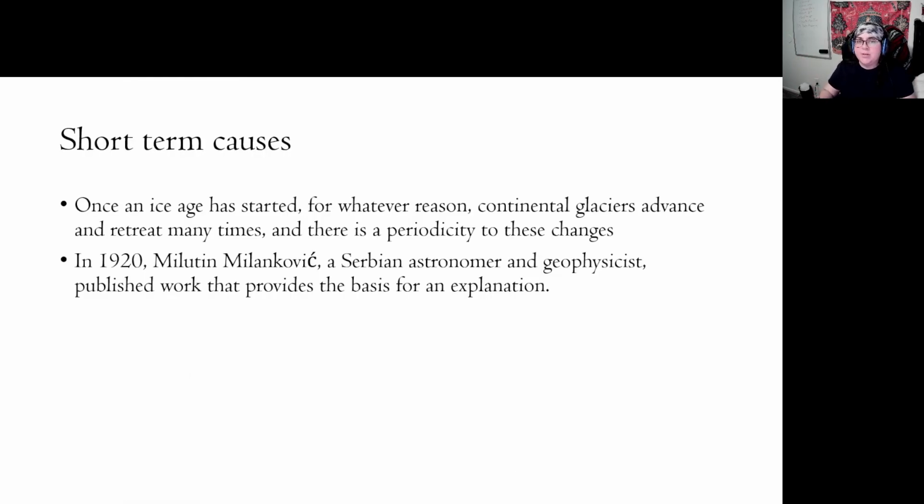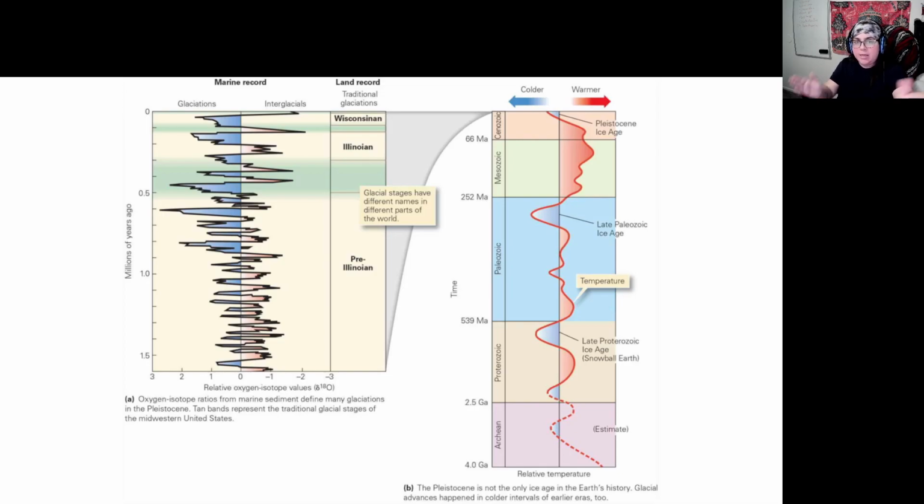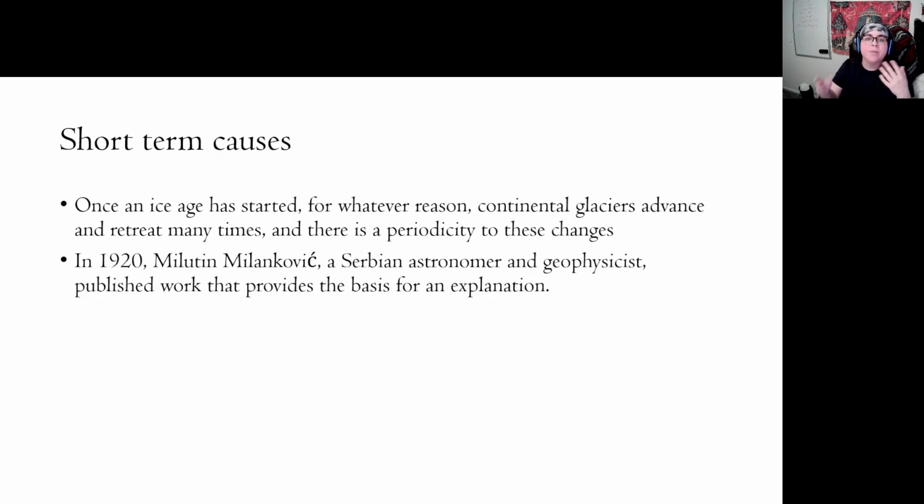So now let's look at short-term causes. Once an ice age has started, for whatever reason, continental glaciers advance and retreat many times, and there is a periodicity to these changes. So it's not happening randomly.